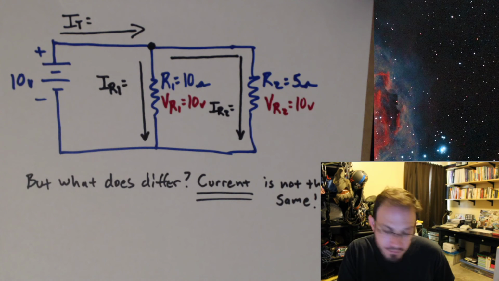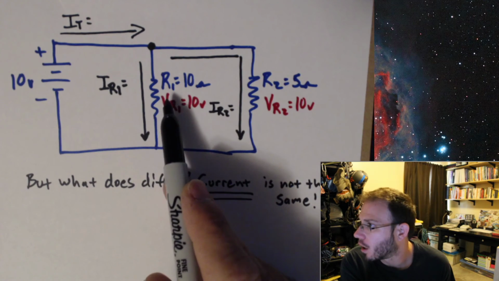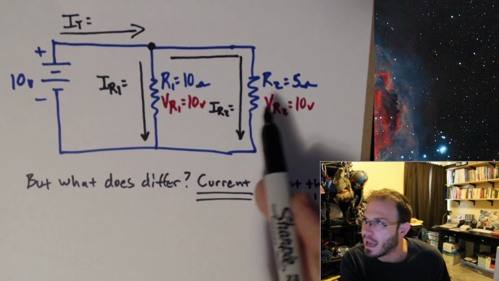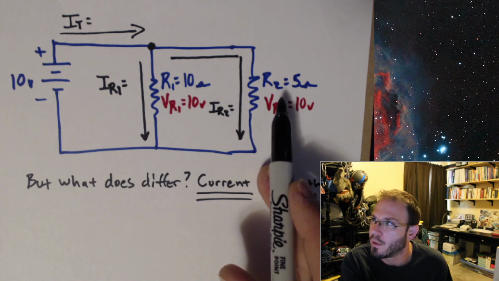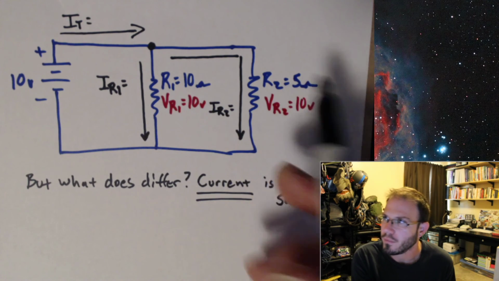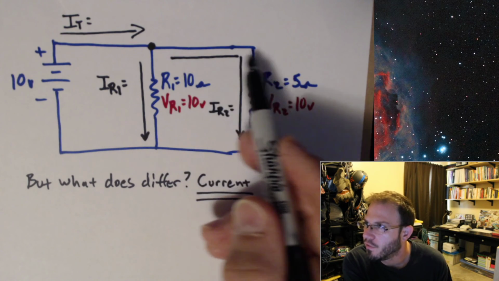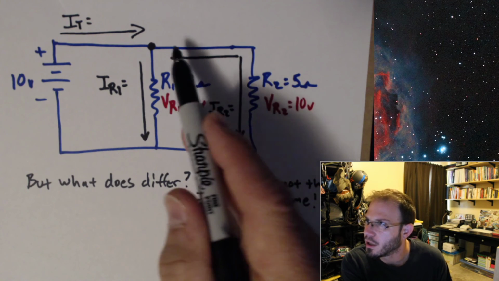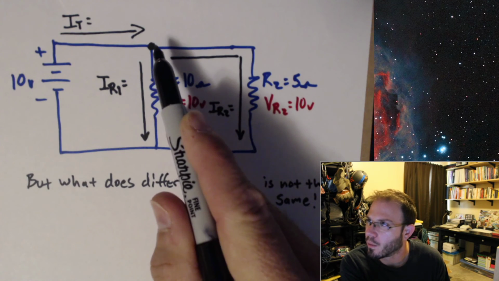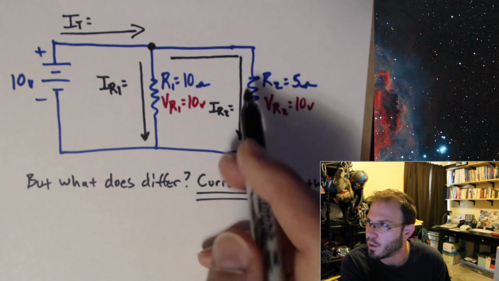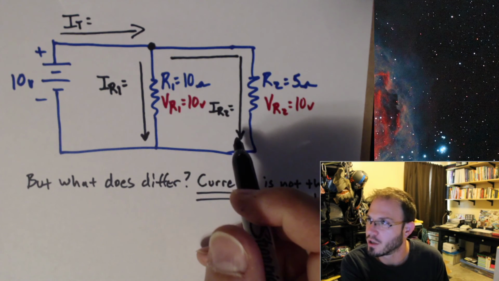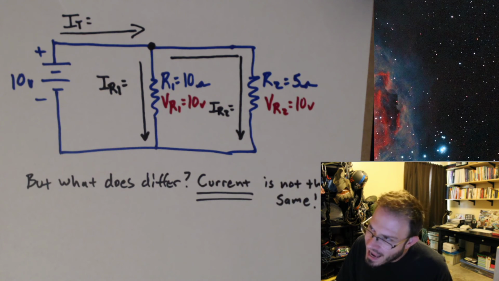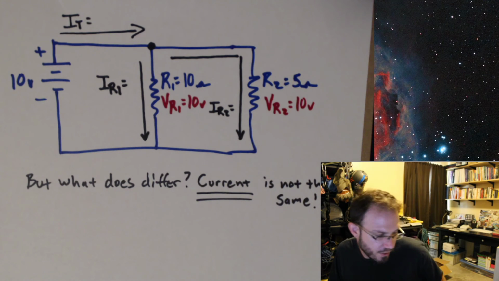IR1 is going through R1, so why not? That's the current flowing through R1. And IR2 is the current flowing through R2. Notice you follow this path over here to get to R2, but the current leaving this point right here is the current going through R2, hence I will just call it IR2. So essentially, I have three currents in this circuit right now.